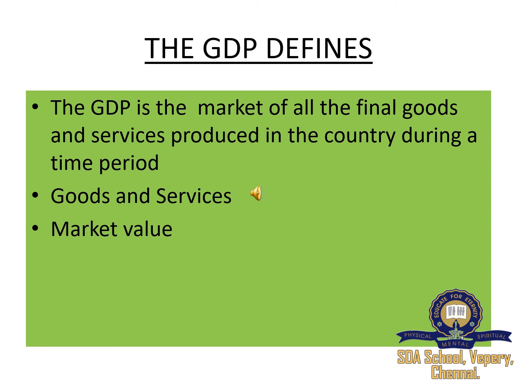Let's see goods and services. As you know by now, goods are tangible items while services are activities which are intangible. Tangible means you can feel or touch it. Next, see the market value.